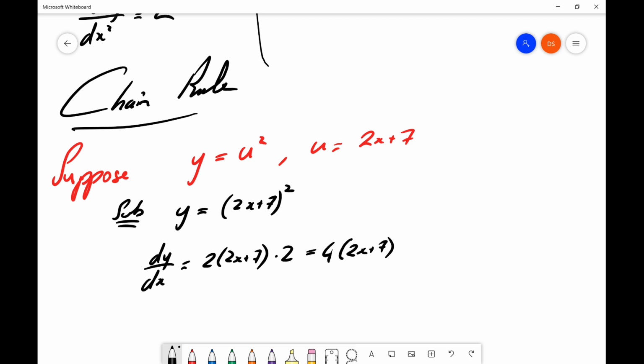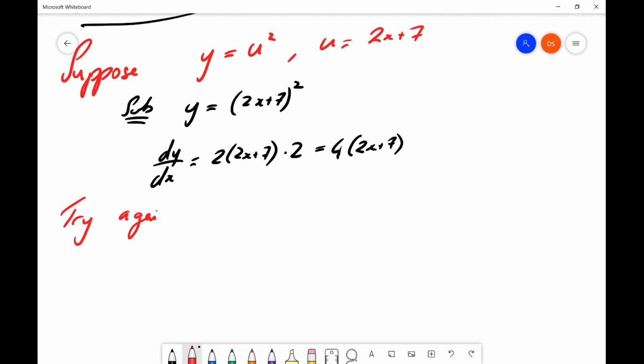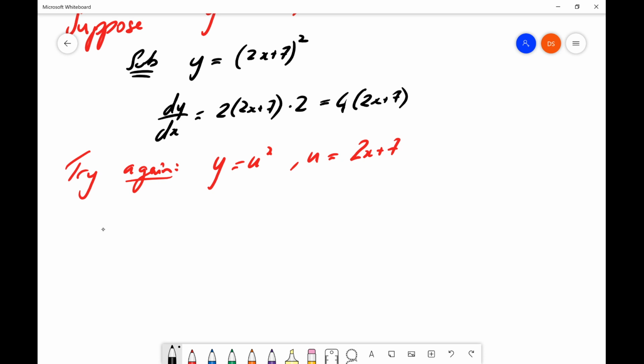Nothing crazy about it. But let's show you something wilder and weirder that we could have done that could make this a little bit awesome. What I'm going to say is, to find this, I can do something weird and wonderful. To find dy by dx, I can differentiate y with respect to u, and I can differentiate u with respect to x.